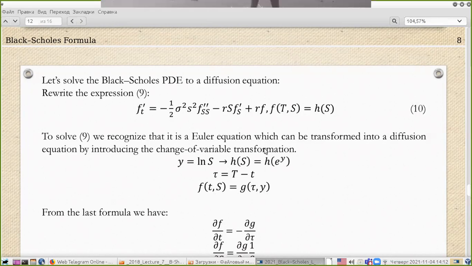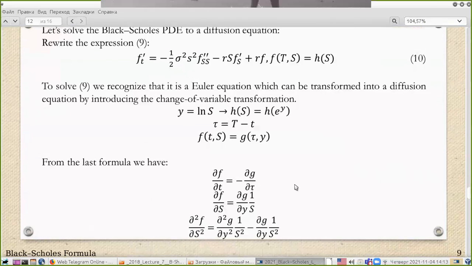If you ask me why this transformation, it is a well-known change of variable transformation for reducing an equation of this form to a diffusion equation.